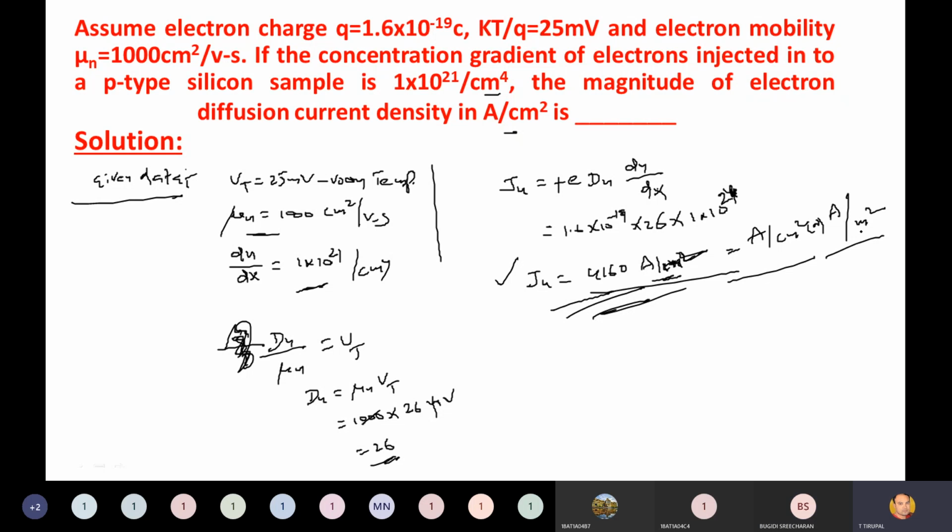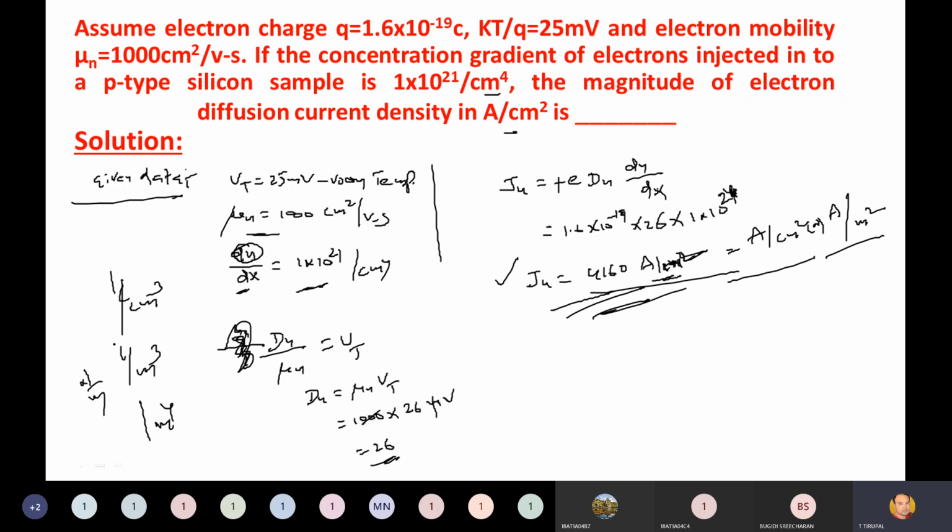Okay, right. Here that is also right, no problem. Actually what is the concentration dn? What are the units for dn? 1 by centimeter cube or 1 by meter cube. Already distance is there. What is distance? 1 by meter. So 1 by meter cube into 1 by meter, how much?